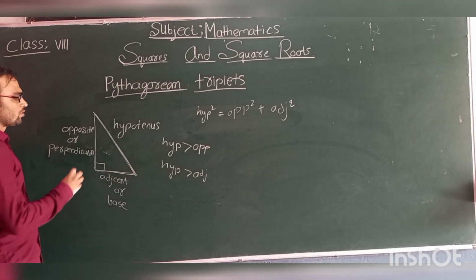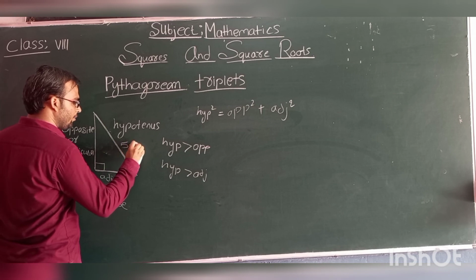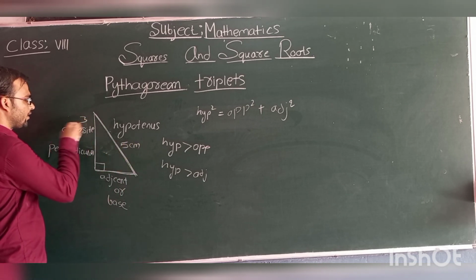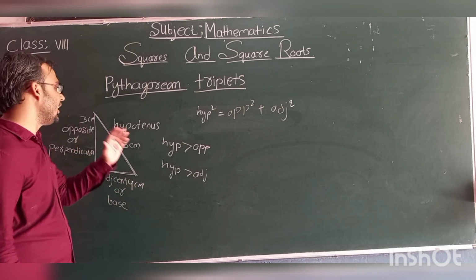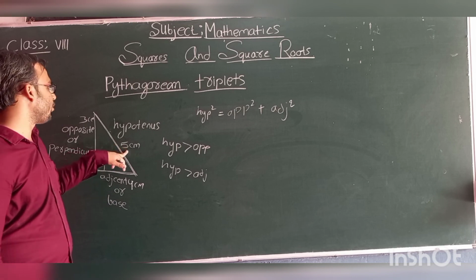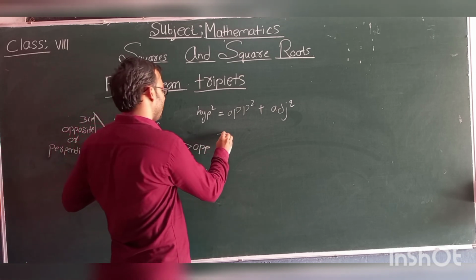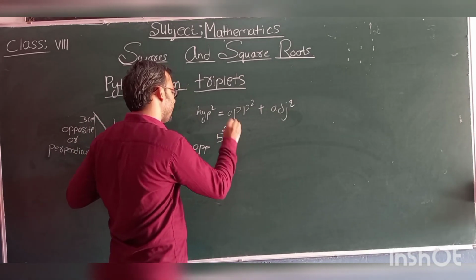So now suppose the hypotenuse is 5 centimeter and the opposite side is 3 centimeter and the base is 4 centimeter. Okay. We will see the relation. Hypotenuse square is 5 square.